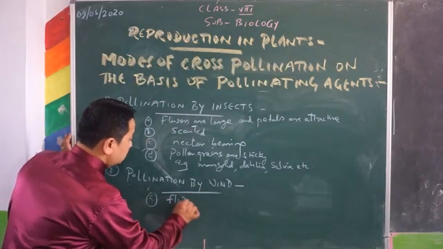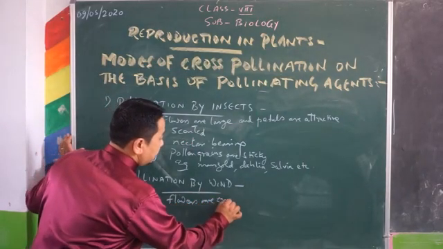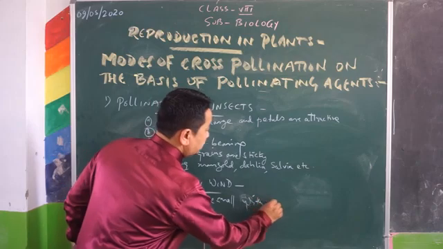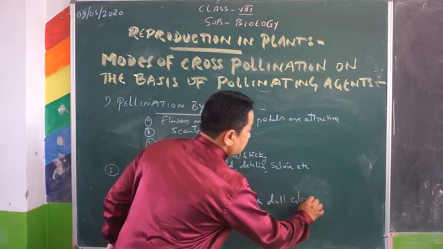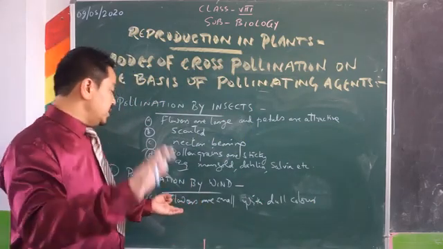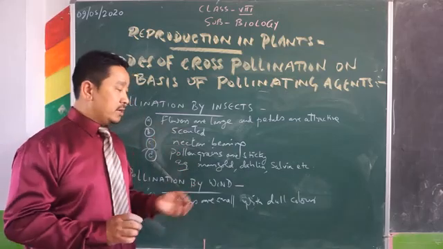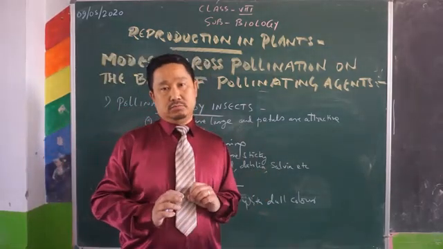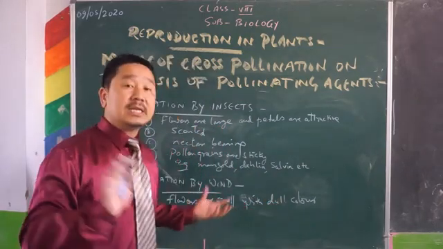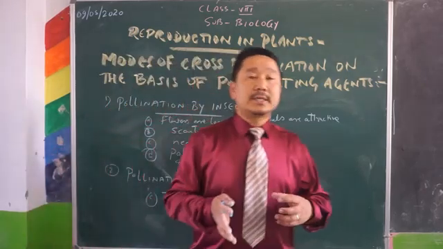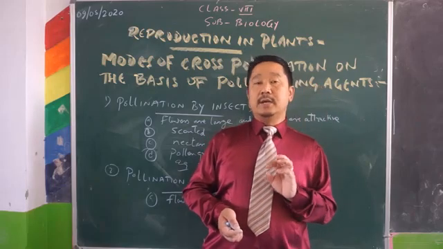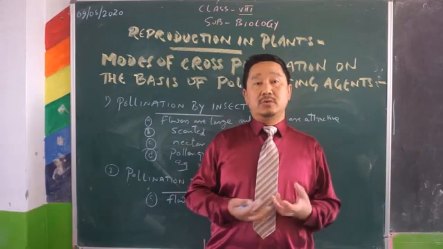The flowers where the cross pollination is done by wind need not be large enough, and need not be colorful also, because the pollen is carried away by the wind. So the flowers need to be small and with dull color, no need to be attractive.